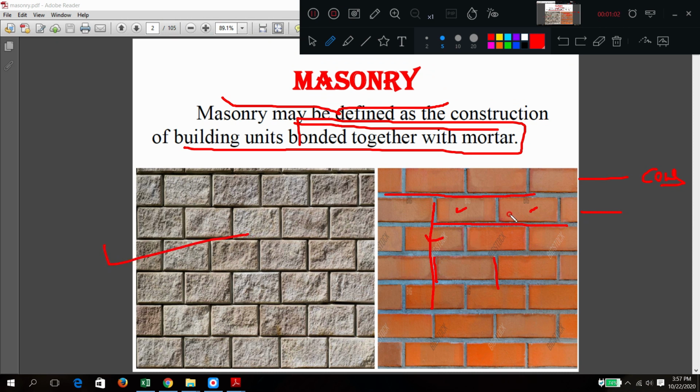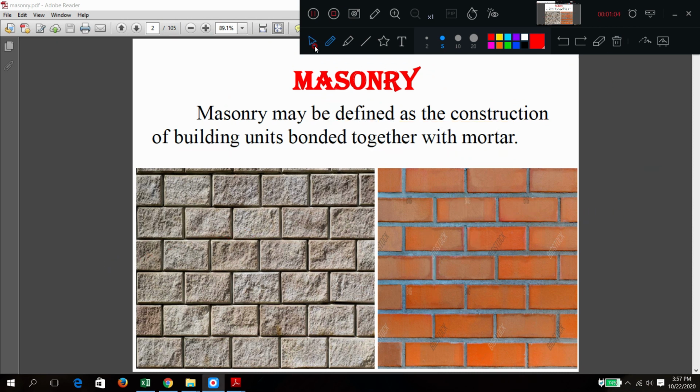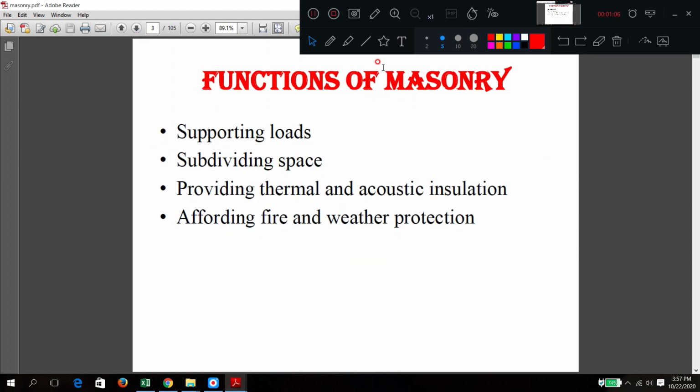We will go into the next concept, that is functions. We have already covered this in the previous classes, so we will just go through it. Masonry supports the load, divides the space, provides thermal and acoustic insulation, and fire and weather protection.